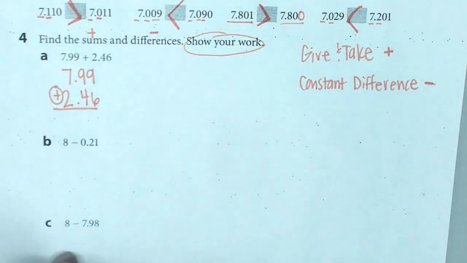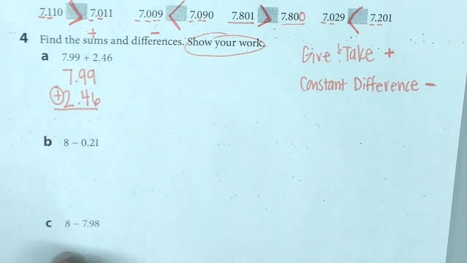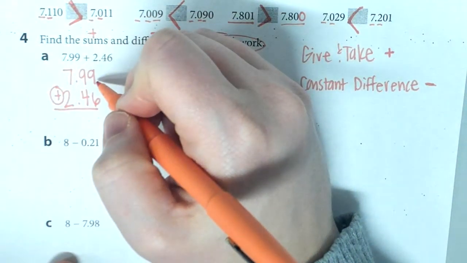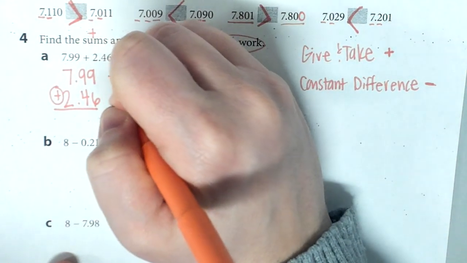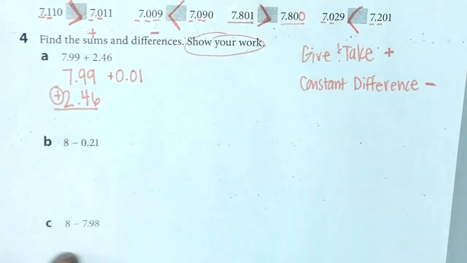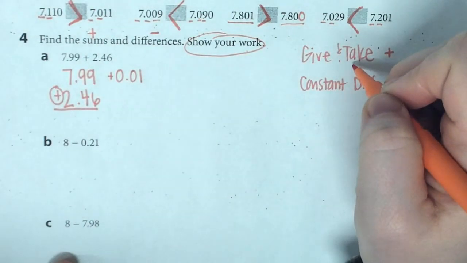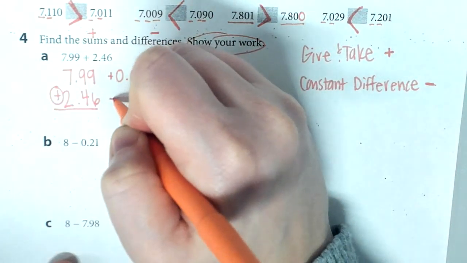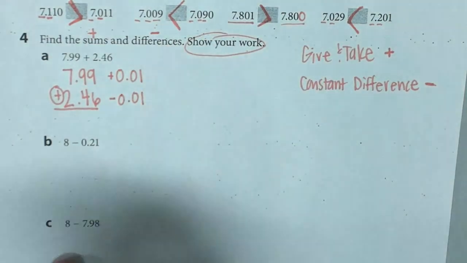What number do I want to give to make it easier? I want to give to this one right here. I want to add 0.1 cent, but that means I have to take away 0.1 cent from the next number.